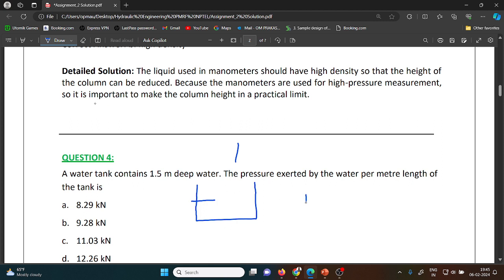Okay, a water tank is there and the water depth is 1.5 meter. The pressure exerted by the water per meter length of the tank. Okay, pressure per meter length. So please try to solve.